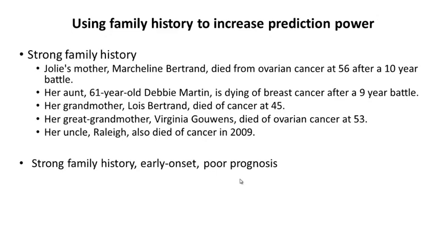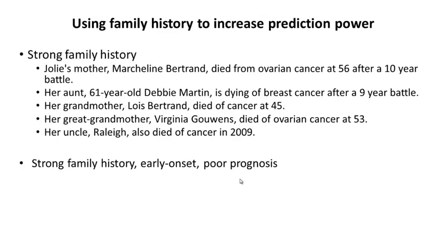One effective approach to increase prediction power is to incorporate family history. Angelina has a strong family history of breast and ovarian cancer that has early onset and poor prognosis. Jolie's mother died from ovarian cancer at 56 after a 10-year struggle.